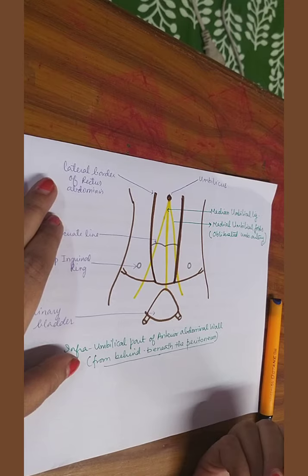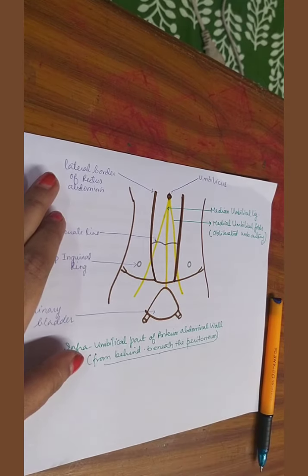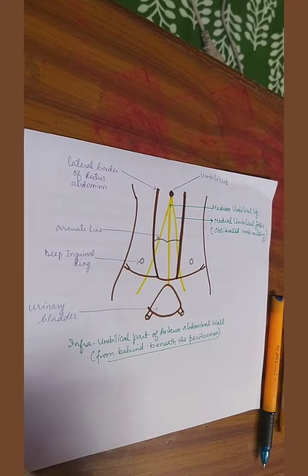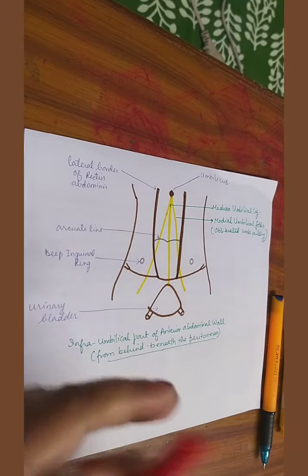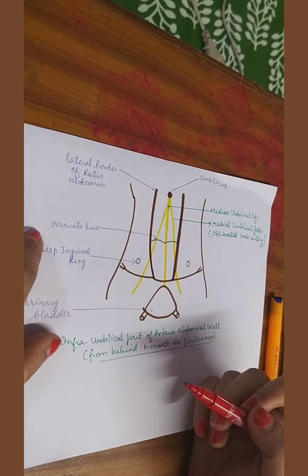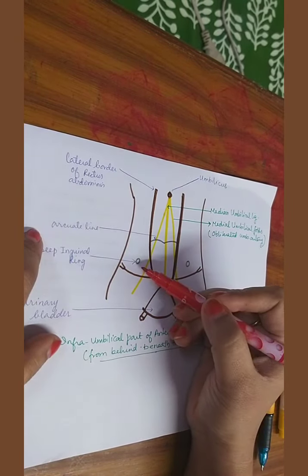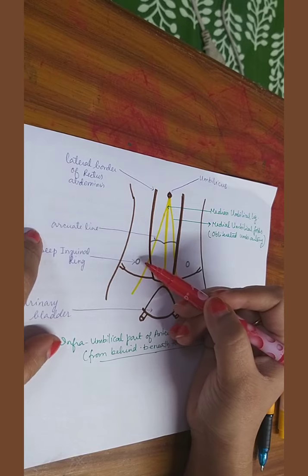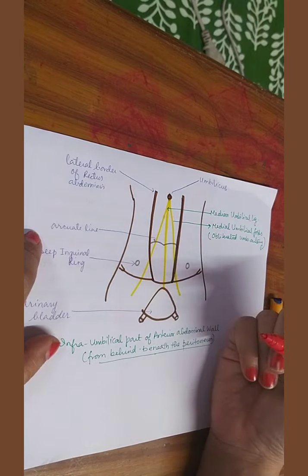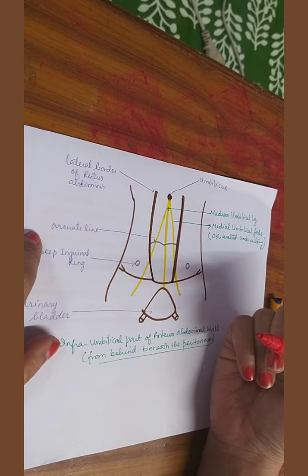There are a pair of lateral umbilical folds that contain the inferior epigastric artery. So we can draw the inferior epigastric artery. We already know now that the inferior epigastric artery lies medial to the deep inguinal ring, and the deep inguinal ring is 1.25 centimeter above the mid inguinal point.